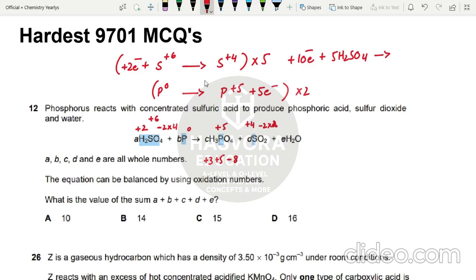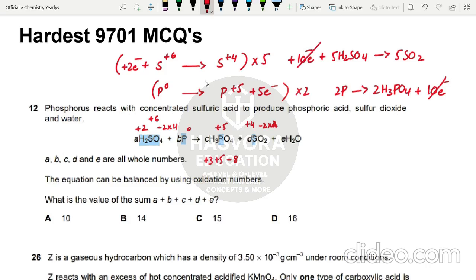Then it is going to 5 SO2. Now in the second equation it will be 2P going to 2H3PO4 plus 10 electrons. Now they are on opposite sides, one on the reactant side, the other on the product side, so they cancel out.